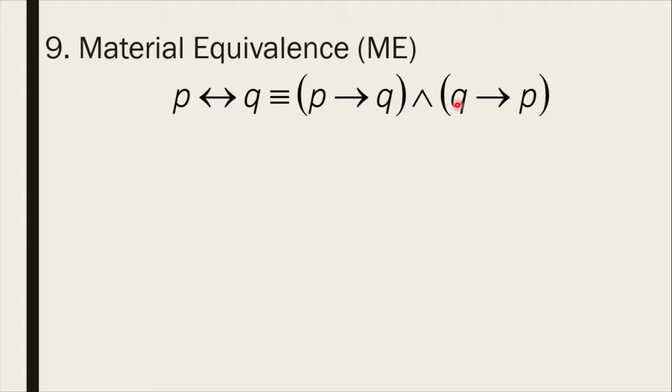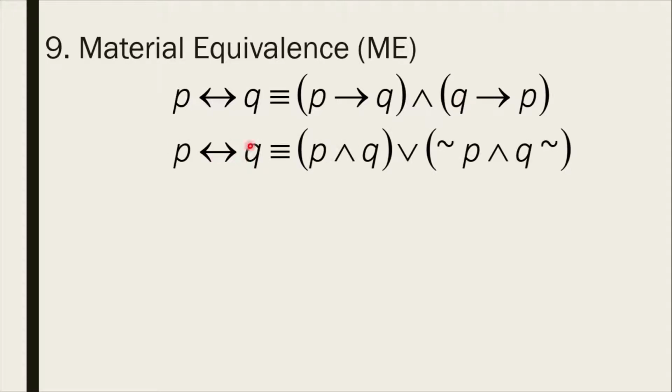Also, a biconditional statement is equivalent to the disjunction of the conjunction of the two constituent parts and the conjunction of their negations. That is the material equivalence.